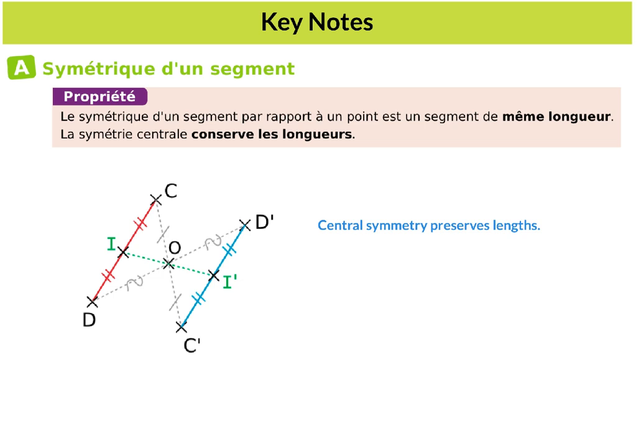So for example, if you go from C to I, that is the same as C prime to I prime. D to I is the same as D prime to I prime, and even the distances from the center of symmetry as well. So I to O is the same as O to I prime, and so on. So the central symmetry will always preserve the lengths.